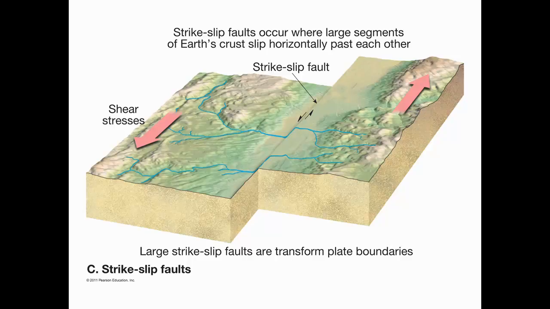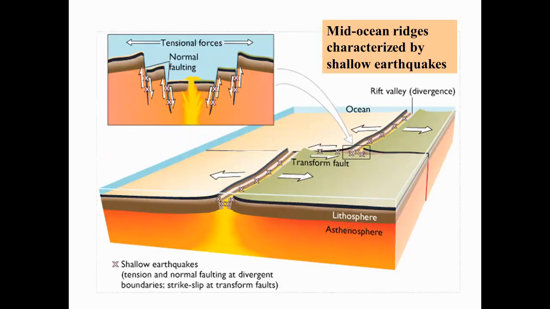Conversely, strike-slip faults occur where large segments of Earth's crust slip horizontally past one another, and these large strike-slip faults are known to occur along transform plate boundaries.